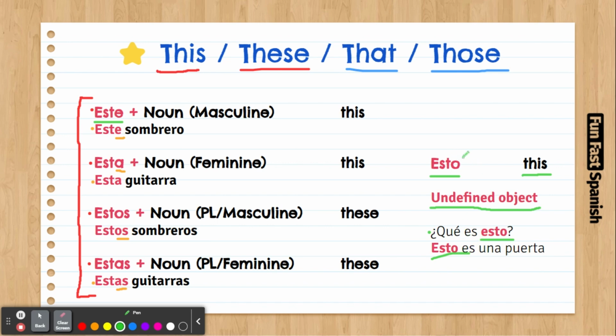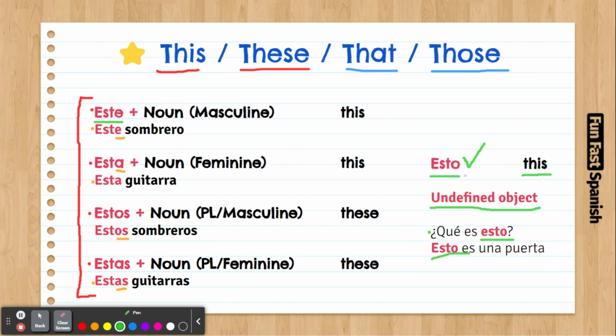So, esto is for undefined objects. You don't know what they are. Also, you use esto for situations or things that happen in life. For example, when you say "I don't like this" or "this is bad" in general, like a situation.